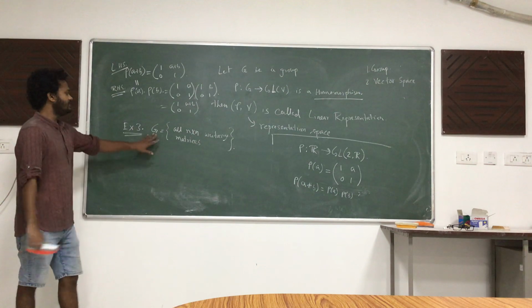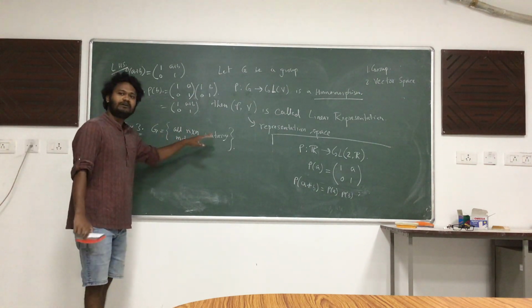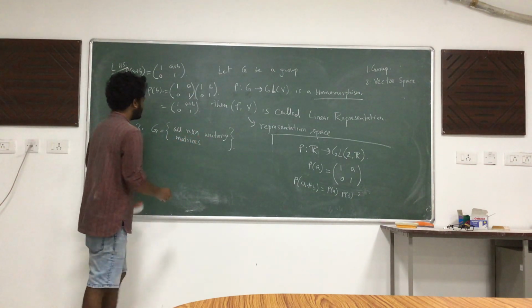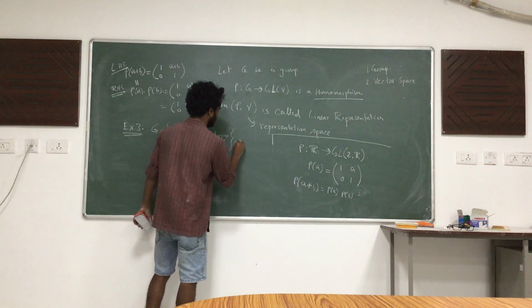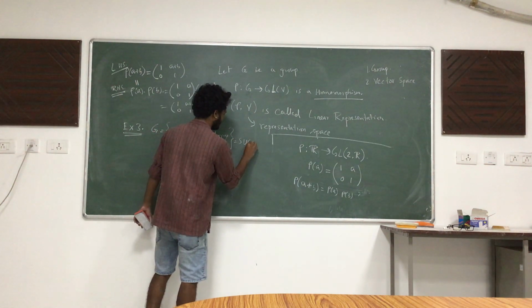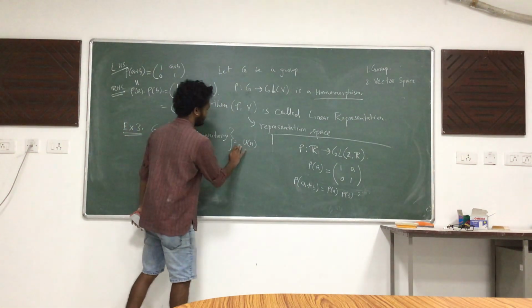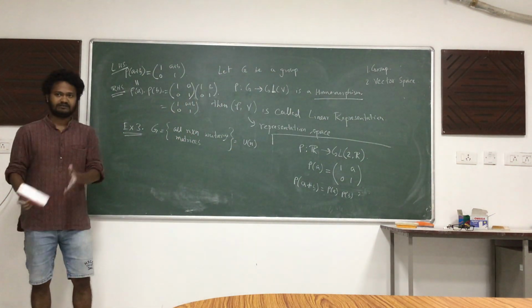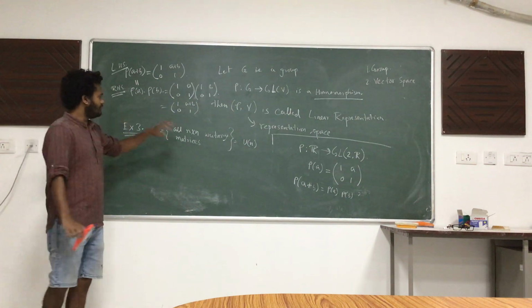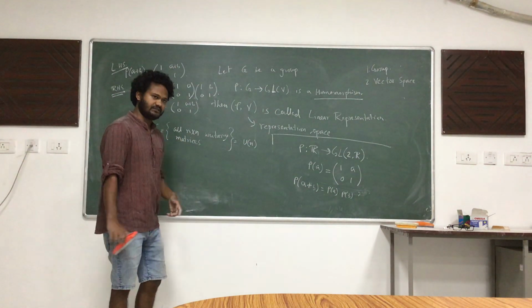Let us take G to be the group of all n cross n unitary matrices. This is called U(n).